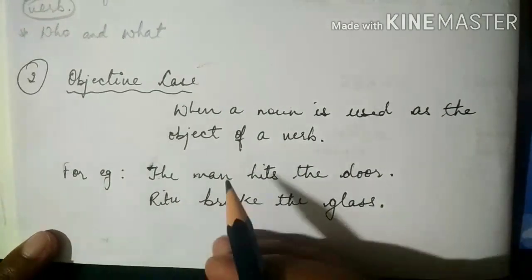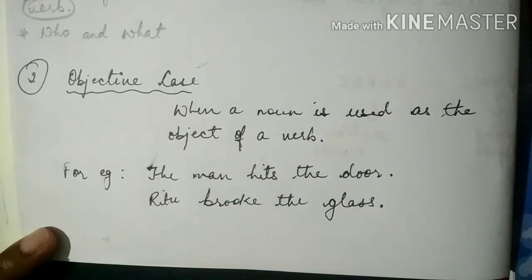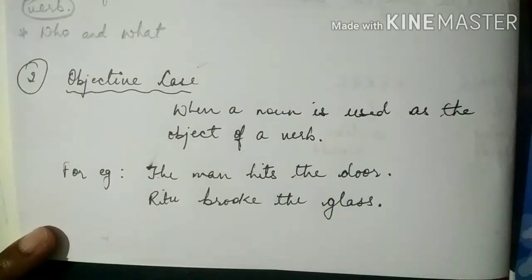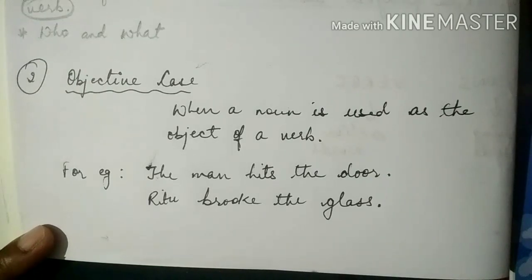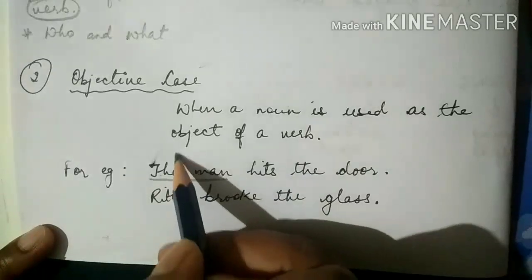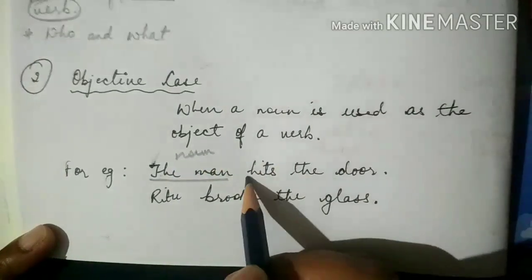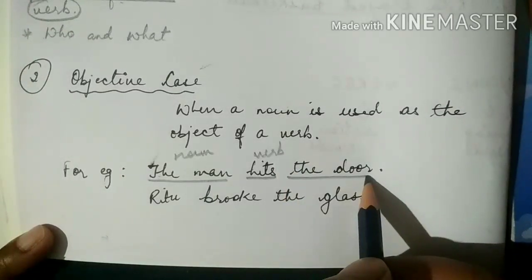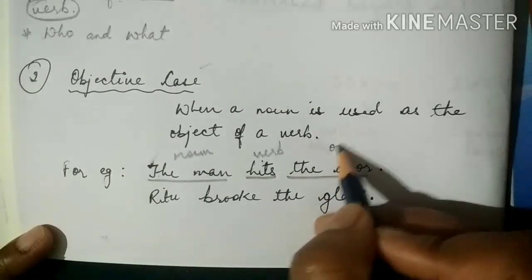Now if you look into the sentence, there are two nouns, the man and the door. But here we have to find out the object in the sentence. So what is the object in a sentence? If this is the noun, hits is a verb, the door, the remaining part of the sentence, is our object.